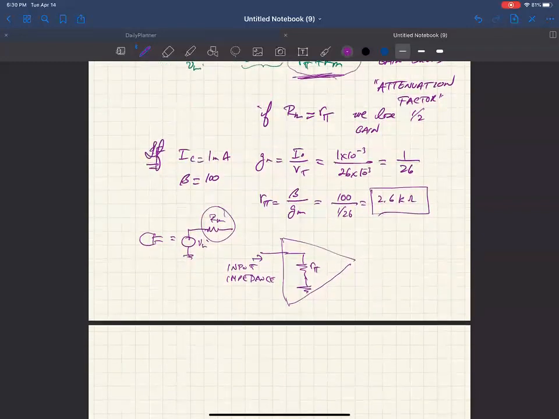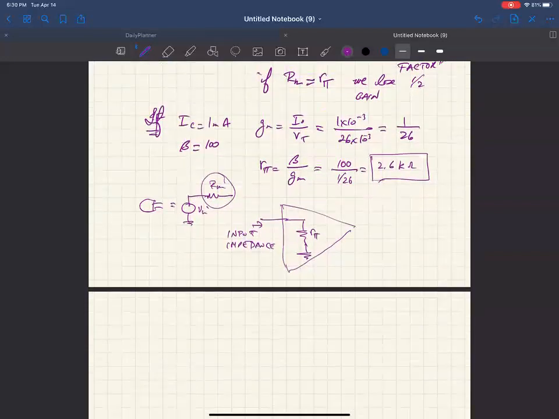So that's the input impedance, and let's define it.